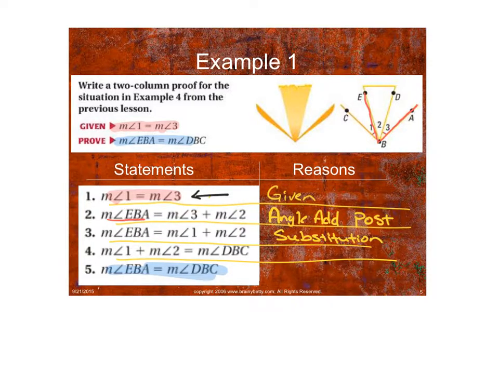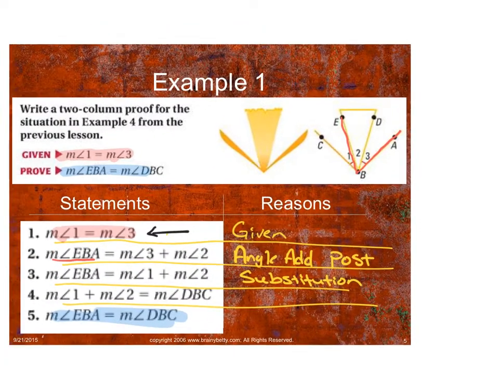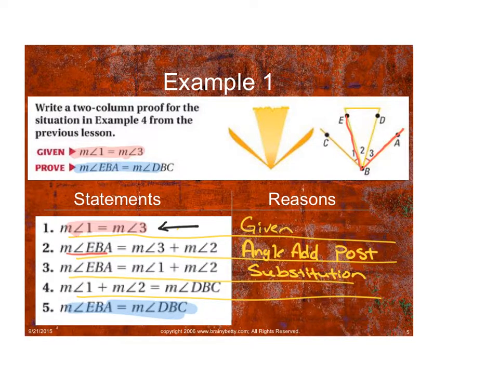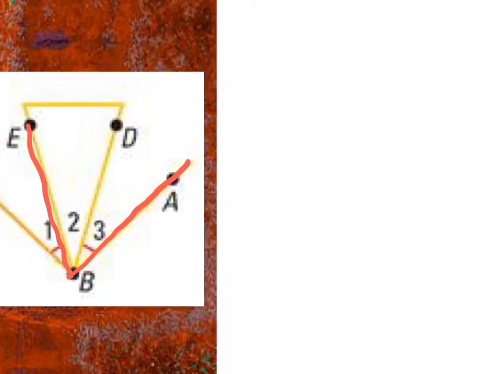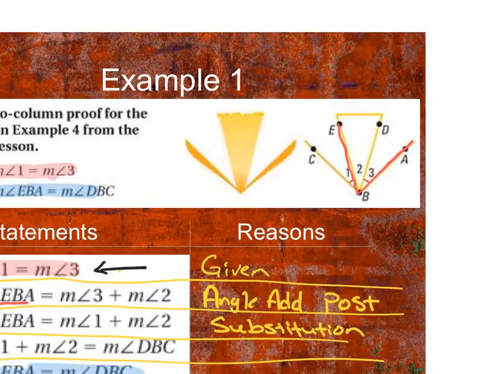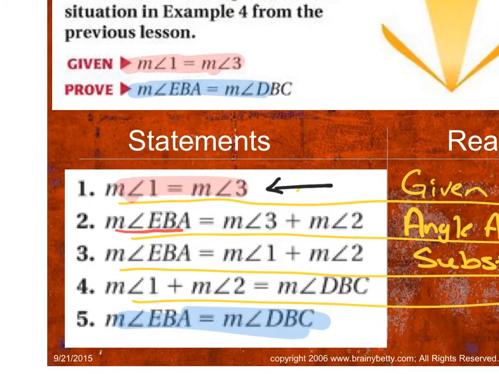Yes, ma'am. How come it couldn't be angle addition postulate for this one? Because if I look at it, it says that angle 1 plus angle 2 equals EBA. I can't see that in the picture. EBA looks like 2 and 3. So really what we did there is we said here was definitely angle addition postulate, but then look how it's changed. Really, each line I look at how it's changed.